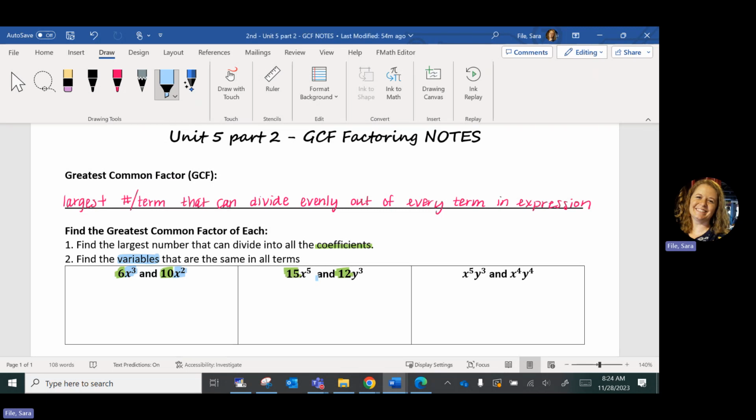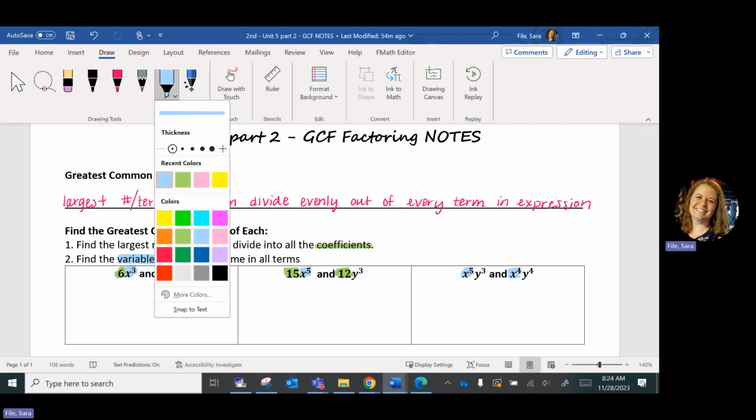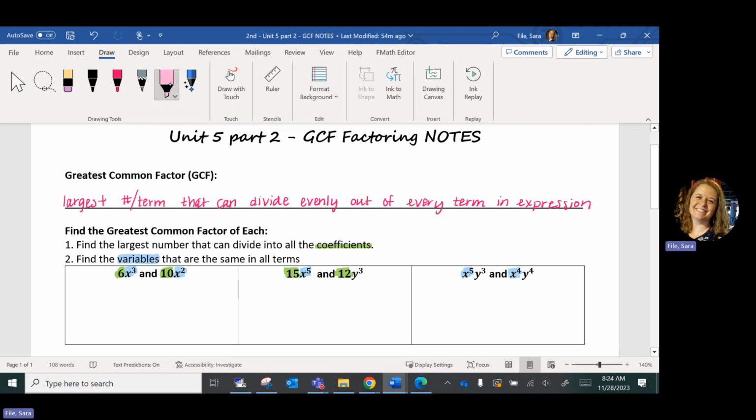In this middle one, there's x and y. Those are not, so x, but there's no x here. Over here, we've got x and x. Now we've got a second variable, so I'll do that in a different color. Hang on one sec. And then over here, both terms have y.